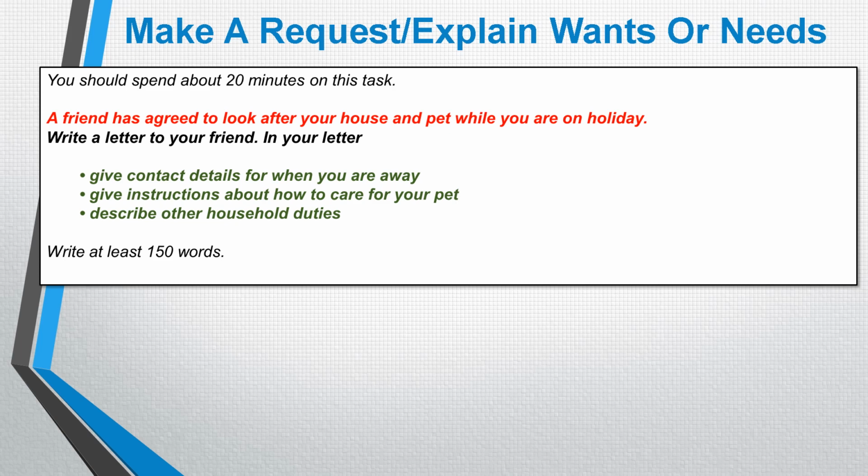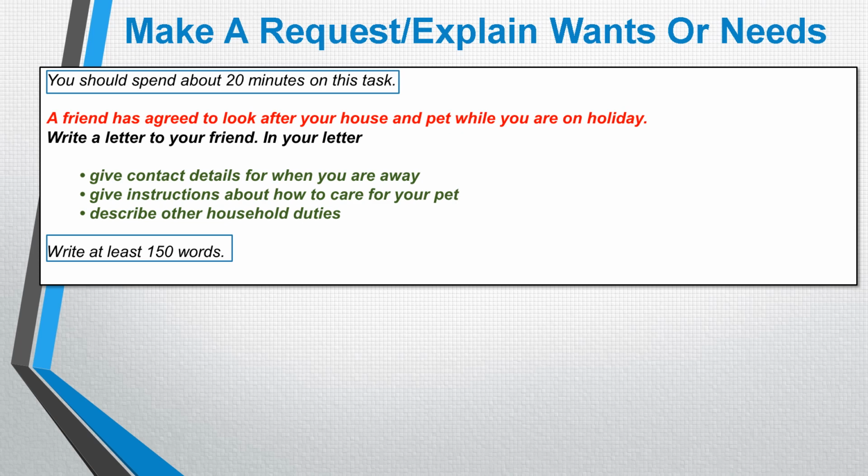So here's what a Task 1 question looks like. It always follows this same format, and you can see that you're told that you should spend about 20 minutes on this task. You'll always see that. And you'll always see the instruction underneath that you need to write at least 150 words.